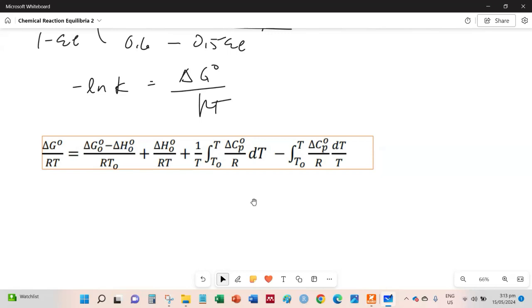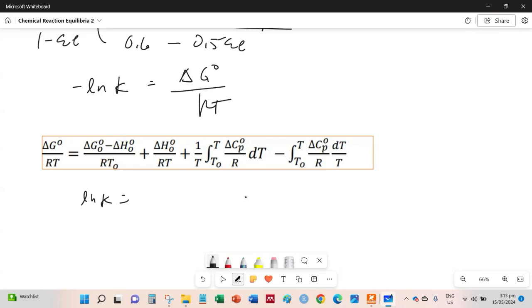So what's the next step is, let's try to first substitute the values. So I already substituted the values here and simplified this term.